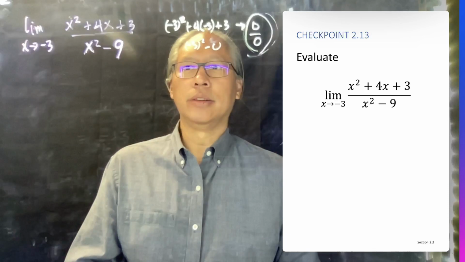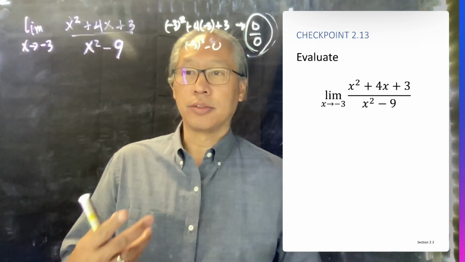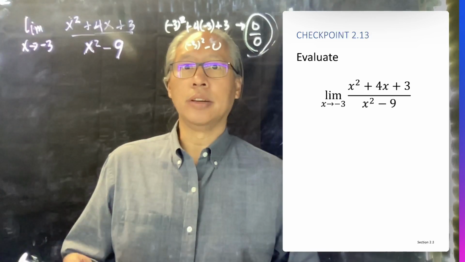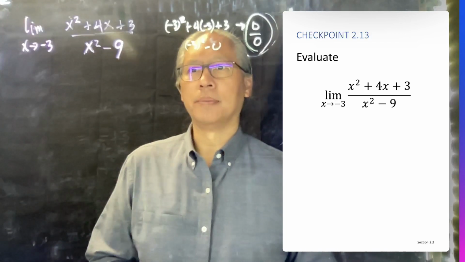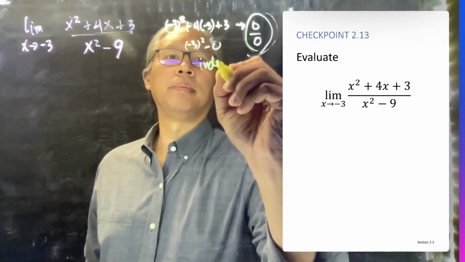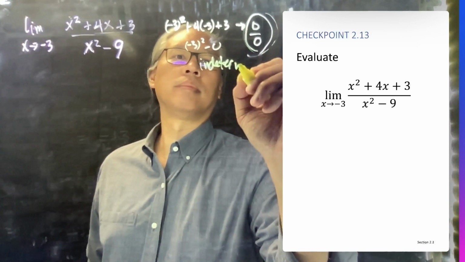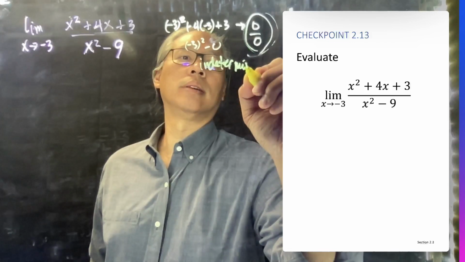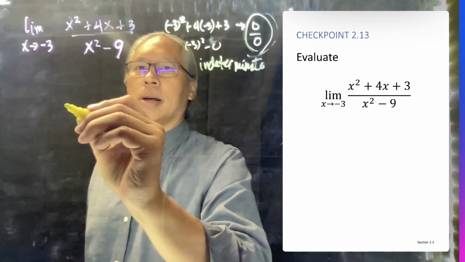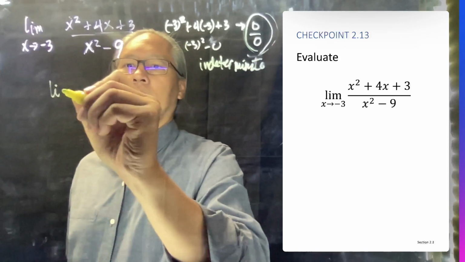So what we need to do is some further analysis, or some algebra, to see if we can work this out and simplify it. And so let's label this indeterminate, and then see if we can do some algebra to work this out.